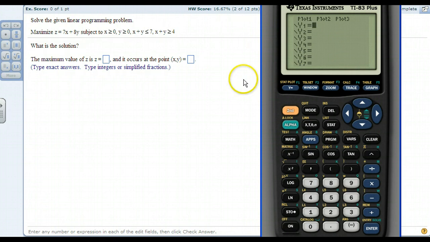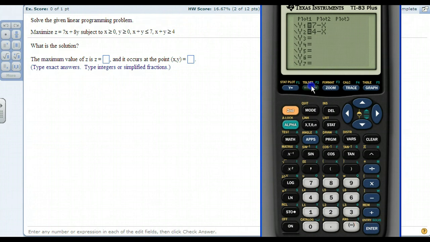What you want to do here is you want to isolate the y in these restraining equations, or constraint equations. So if I isolate this y, I just need to bring that x over. So that's going to be 7 minus x. And then if I want to isolate this y, I bring that x over, so that's 4 minus x.